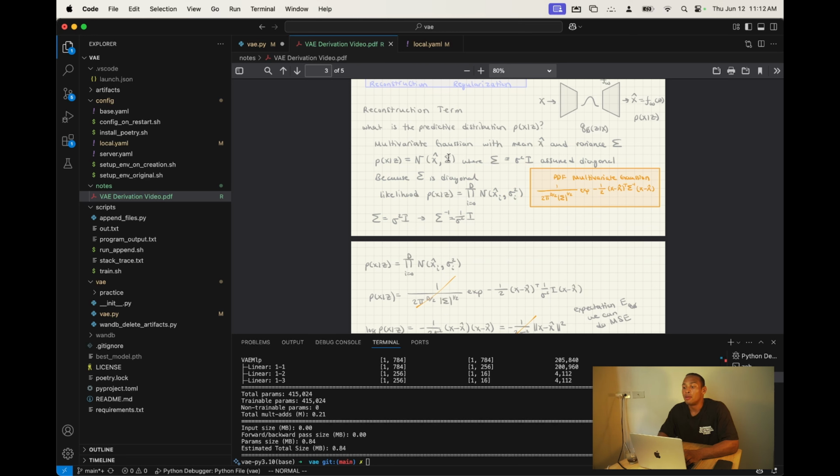Essentially, the predictive distribution was a product of PDFs for each pixel, where each PDF is a univariate Gaussian, independent.